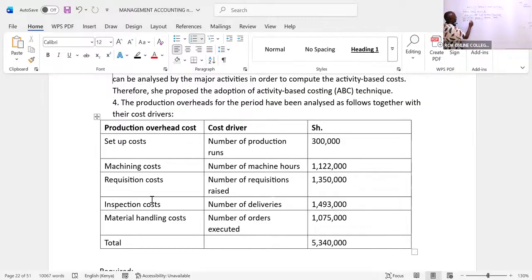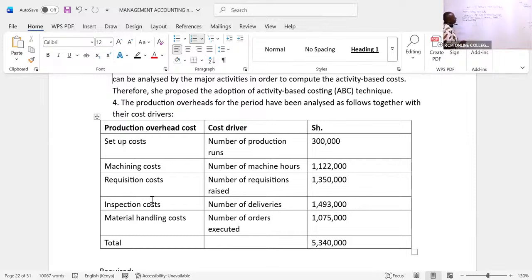Setup costs. The cost driver there is the number of production runs.